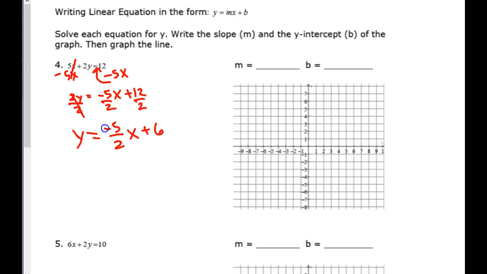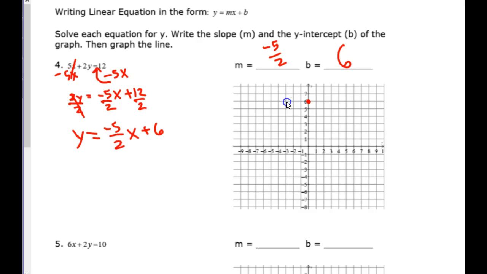So let's do that. What's my m? Negative 5 over 2, and then b is 6. So we said b first, put a point. Now negative 5 over 2, which way are we rising?